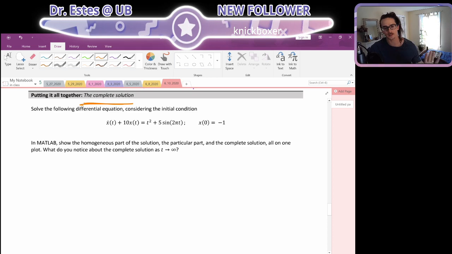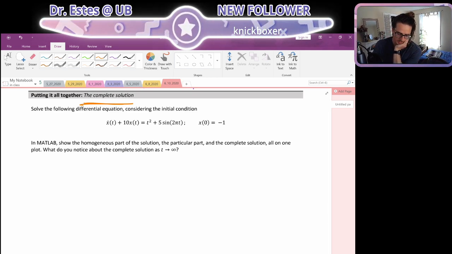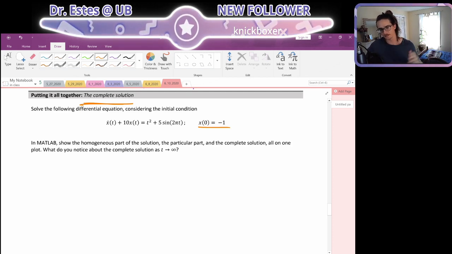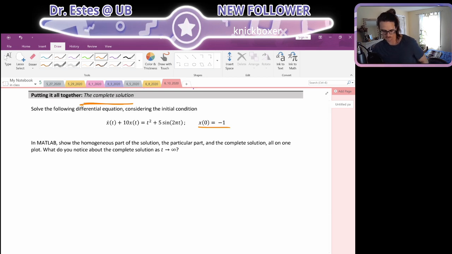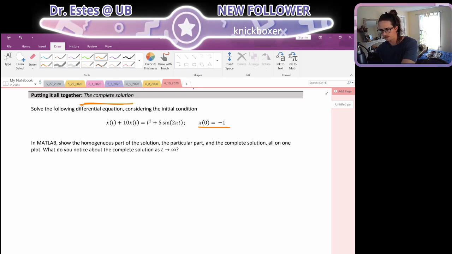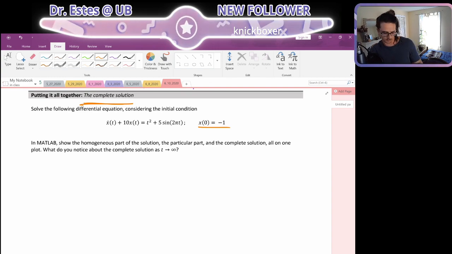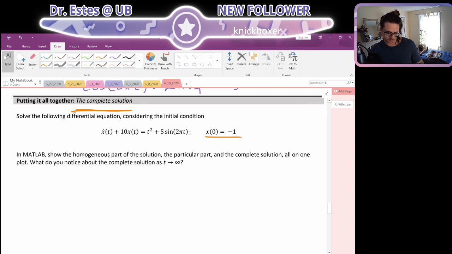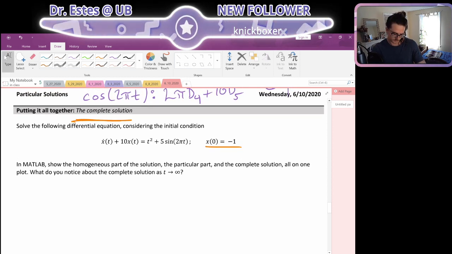So we're going to combine the homogeneous and the particular parts, and we're going to have this initial condition for the system. And then we're going to plot it in MATLAB. I think we've spent enough time slaving over this system. We should see what its response looks like by plotting it. Okay.